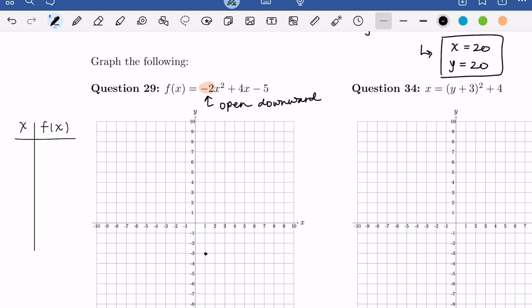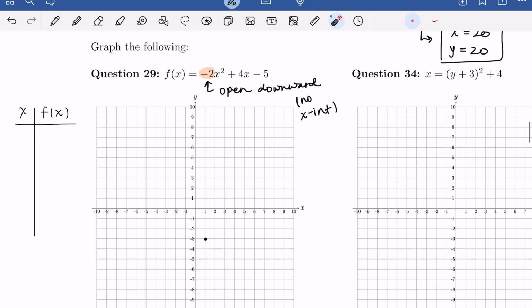All right, so in this case, we're also not going to have any x-intercept. So I'll write that here. So this kind of gives us an idea of the behavior of our parabola. So if there's no x-intercept, if this is the vertex and it opens downward, that means the rest of my points are going to occur over here. So that gives me an idea that I might want to pick x values maybe around here and around here to plug into our function.